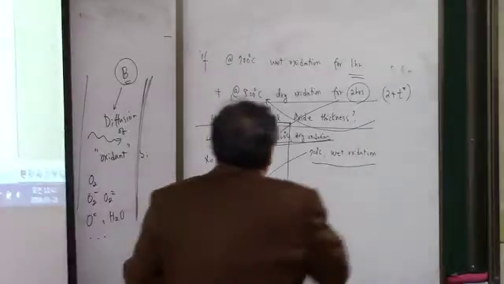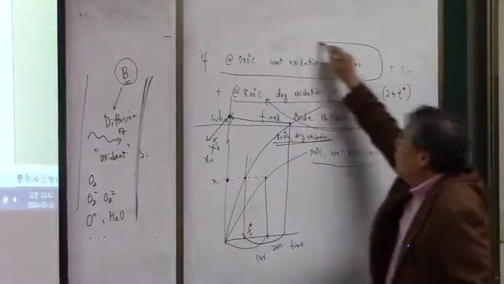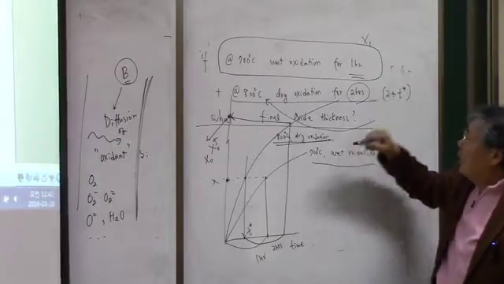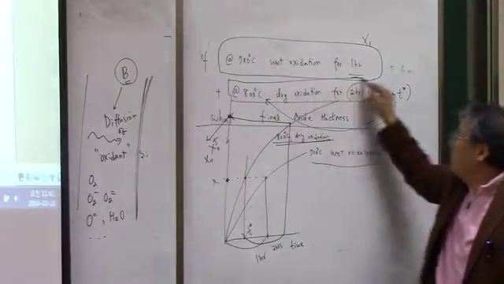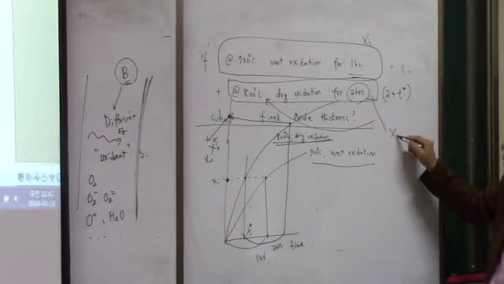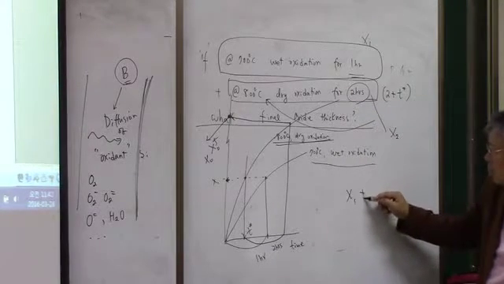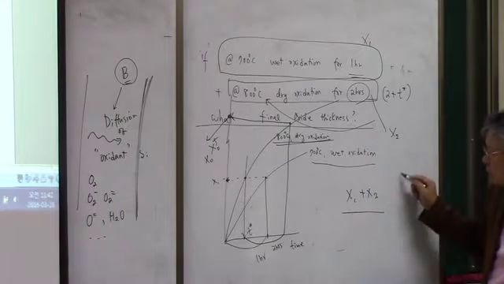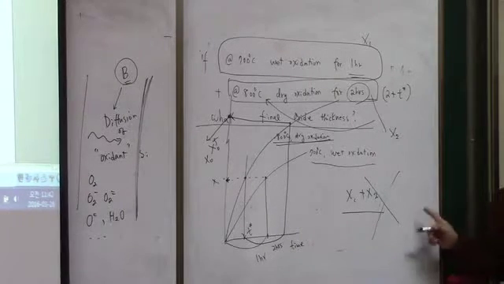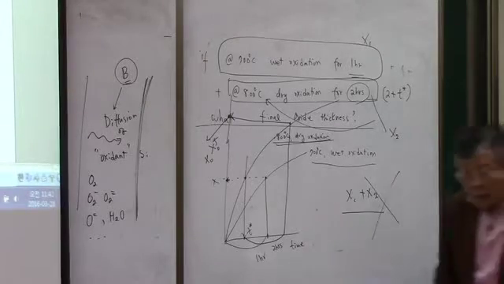You just calculate the oxide thickness corresponding to this, and then find the oxide thickness with this process, and then the final thickness is going to be x1 plus x2. This is wrong. Obviously, this cannot be true.